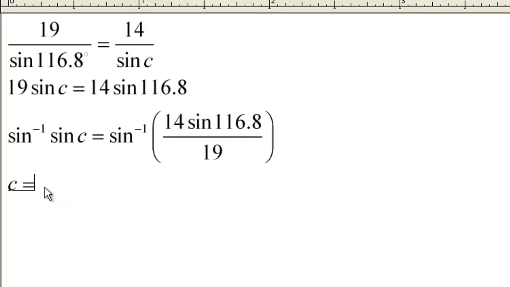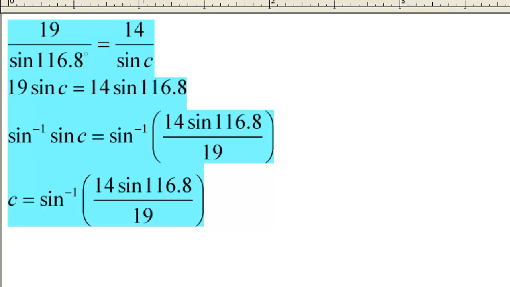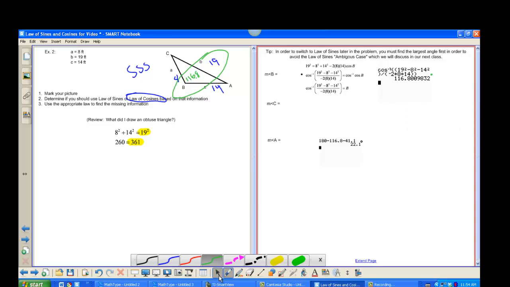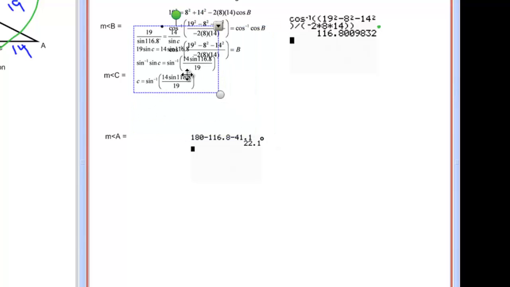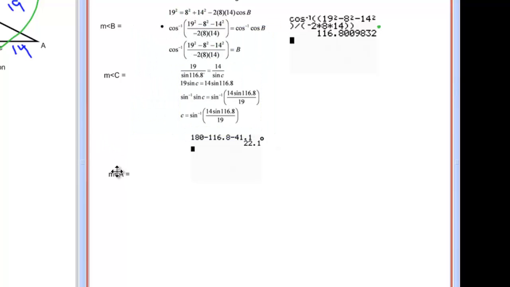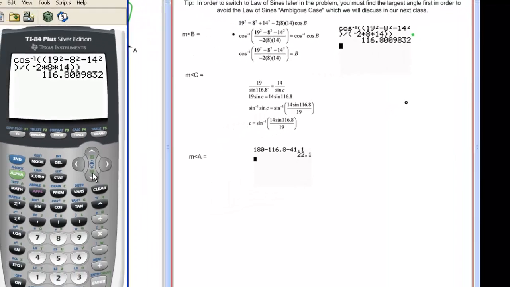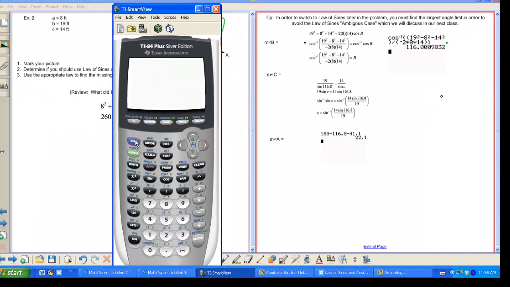So that means C is going to equal the inverse sine of this expression. Oh, there's my degree symbol. Okay, we'll put it over here. So let's type that in.